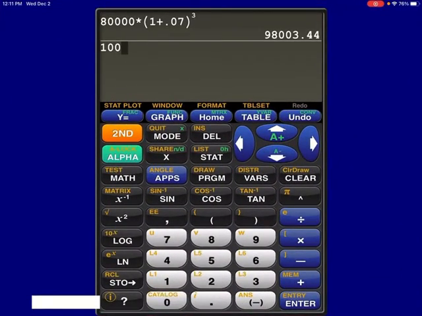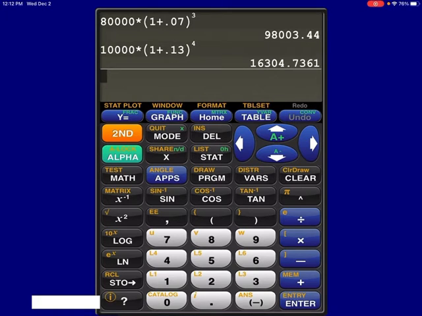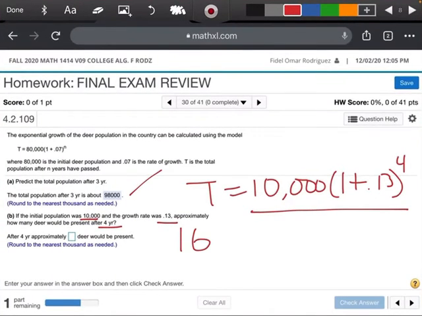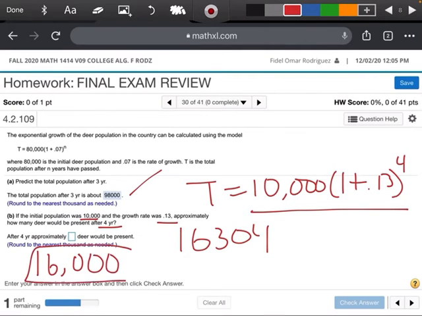So 10,000 times (1 + 0.13) raised to the power of 4. And I'm coming up with 16,304. If I were to round this to the nearest thousand, again, I would end up with 16,000, right?